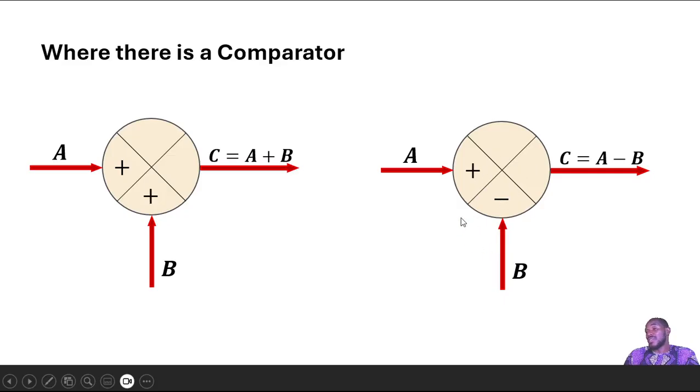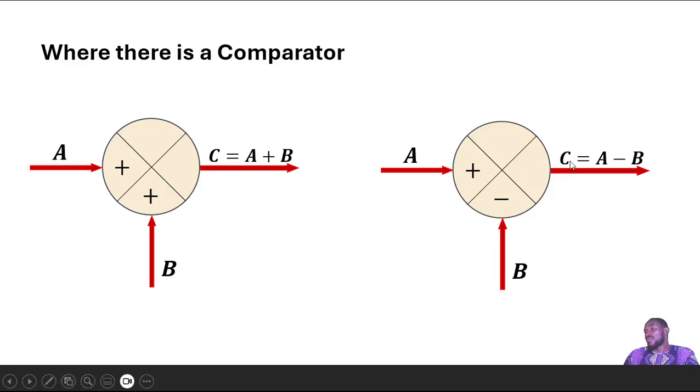When it's a negative comparator, you see that A comes in as positive and B comes in as negative. What we're doing is taking B out of A. We're checking what's the difference, what's the error. We expect these two values to be the same. Now, by how much do they differ?